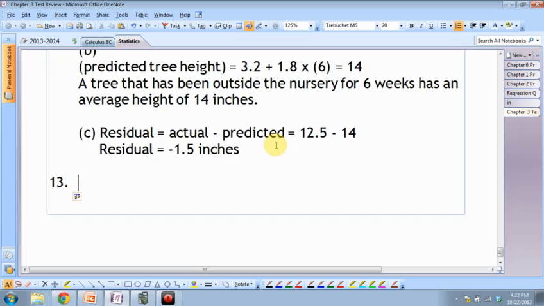If the relationship has positive correlation, let's find the value of R. So R is equal to the square root of R squared, which is equal to the square root of 0.66.